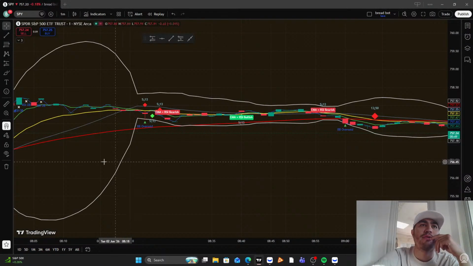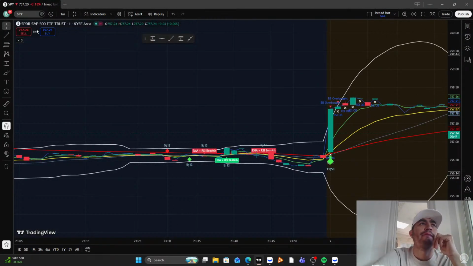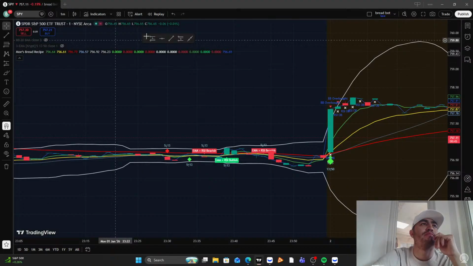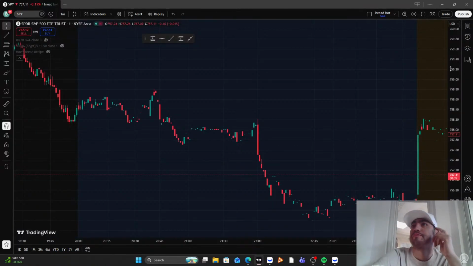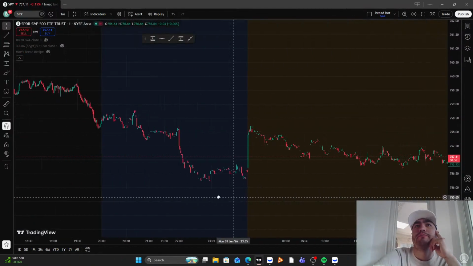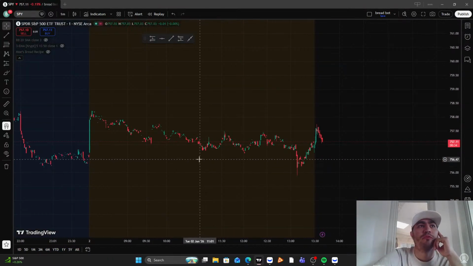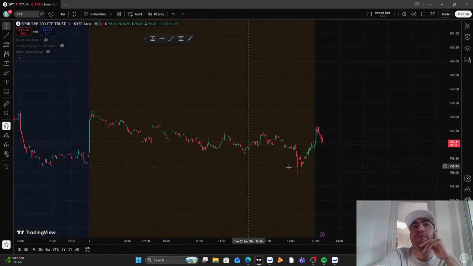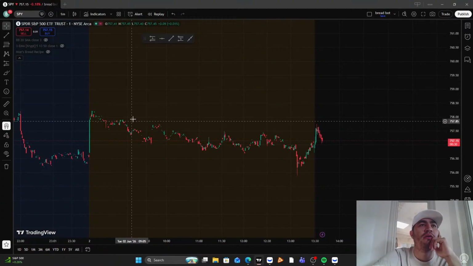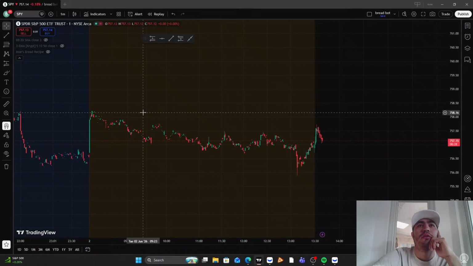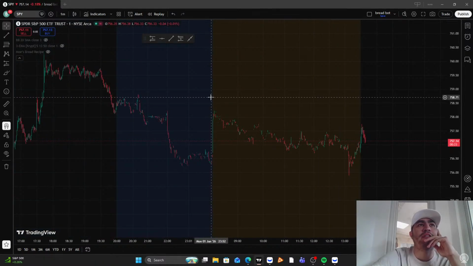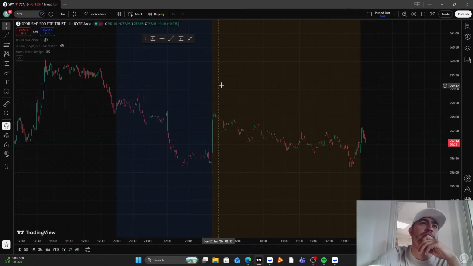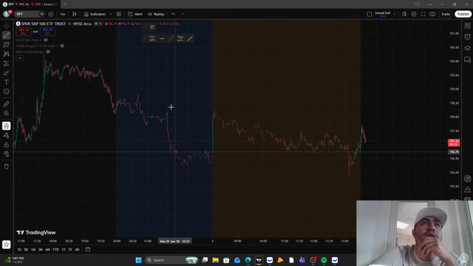No, no gap. Well, even if we did, we filled pre-market. There's still little gaps up. All right, so I would be thinking bullish today.